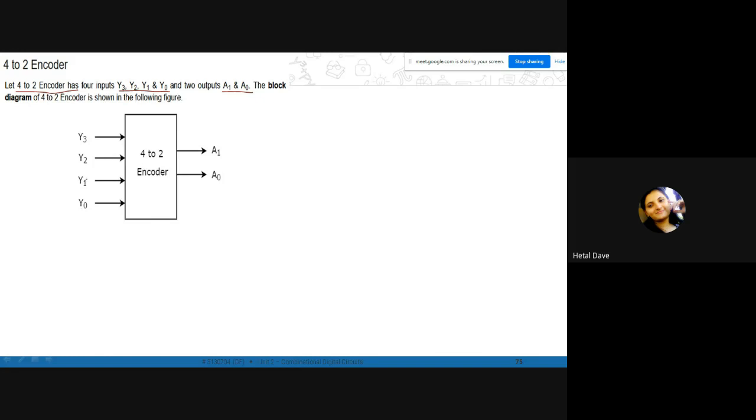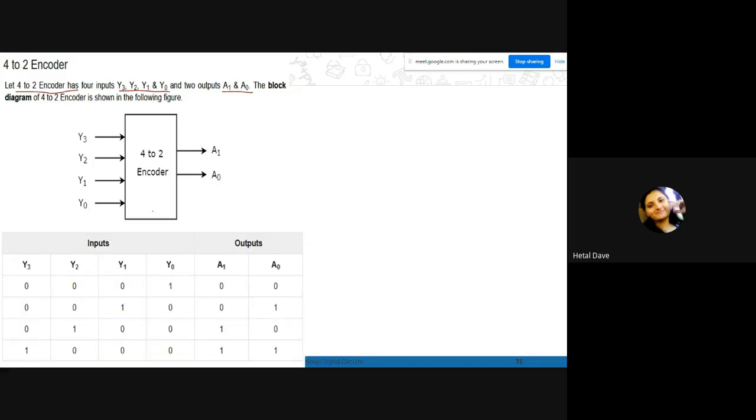From this, I can prepare a truth table for a circuit with 4 inputs and 2 outputs. Whenever the zeroth switch is 1, at the output I get 0, 0.